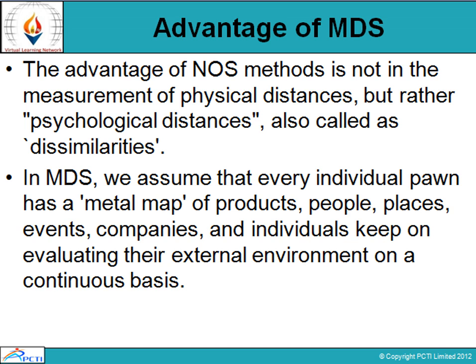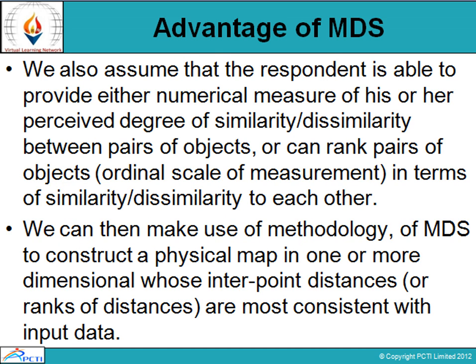The second is, it also assumes that the respondent is able to provide either the numerical measures of his or her perceived degree of similarity and dissimilarity between the objects, or they can also rank pairs of objects. This method could also be used to construct a physical map in one or more dimensional whose interpoint distances are most consistent with the input data.